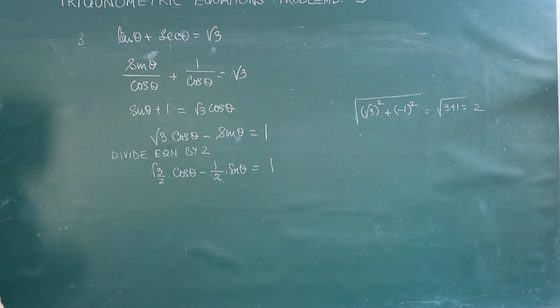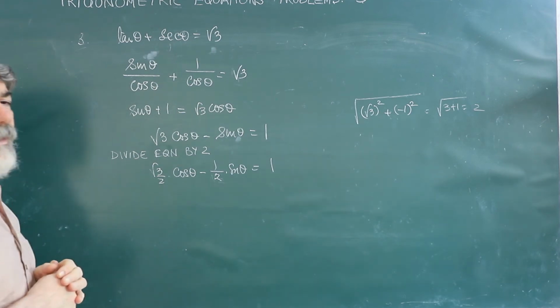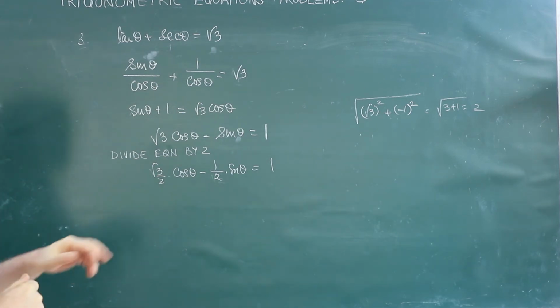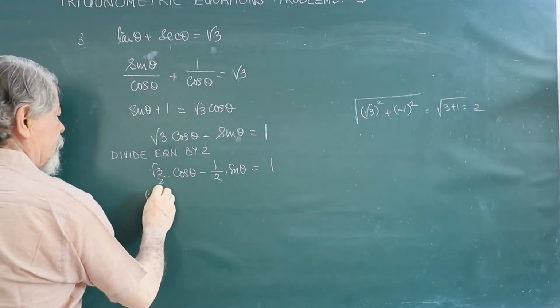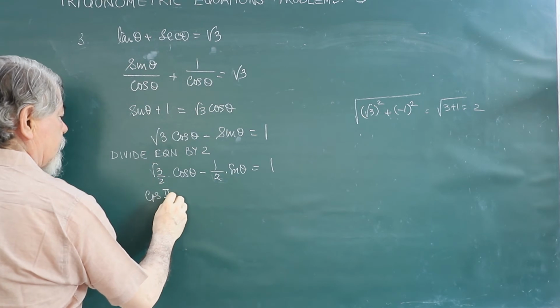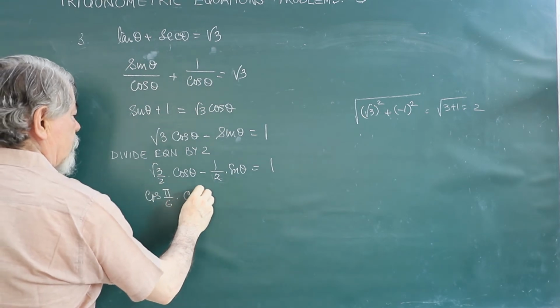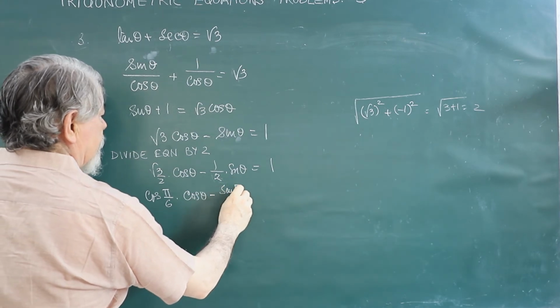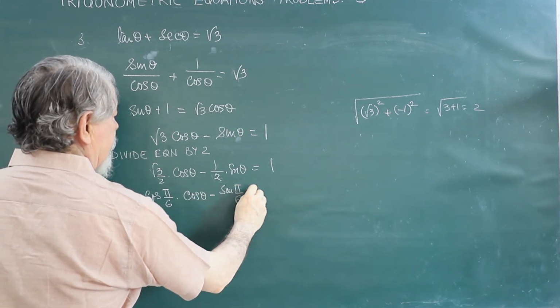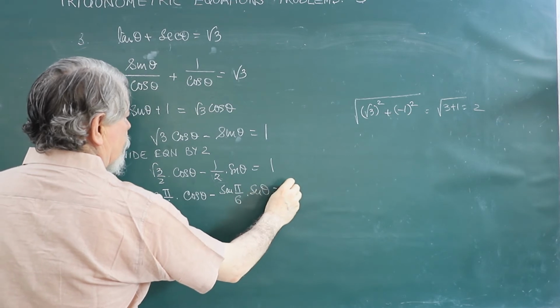So what I can do is write root 3 by 2 as cos 30. Cos 30 means cos pi by 6, and cos theta. And this I can write as sin pi by 6, sin 30, and sin theta is equal to 1.